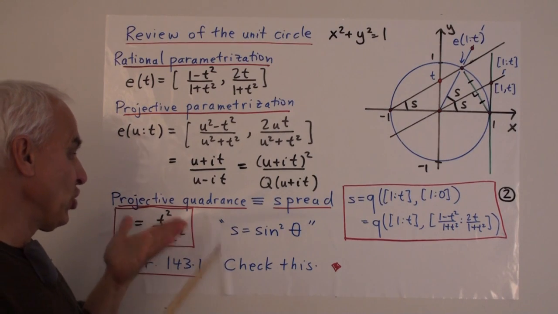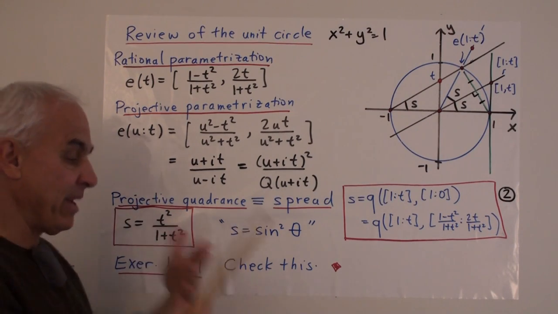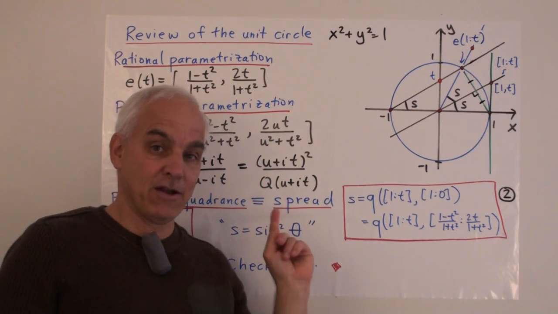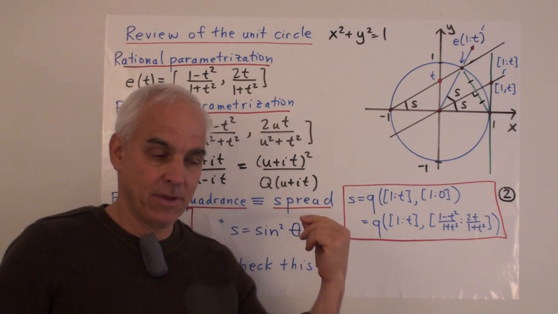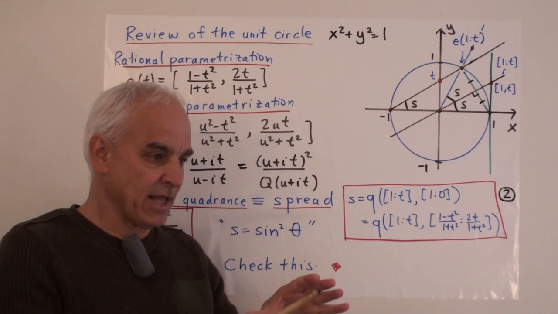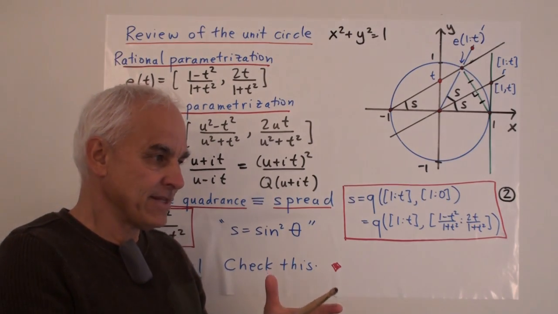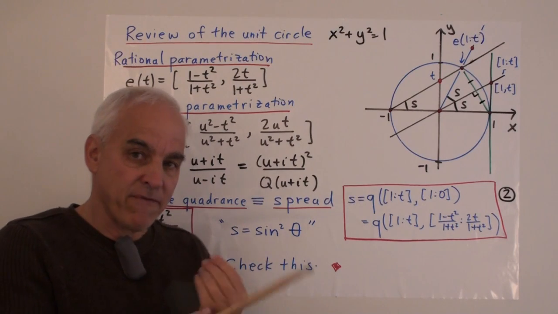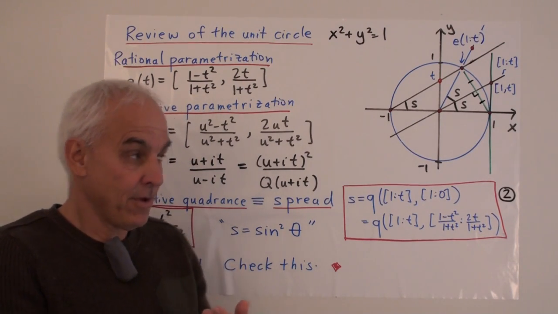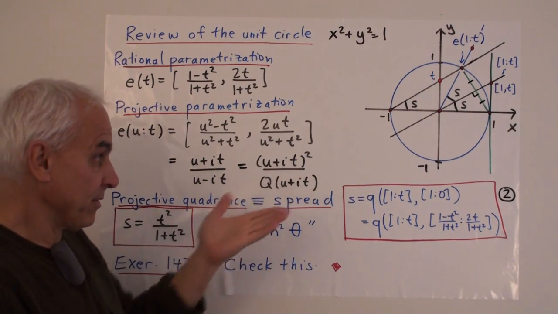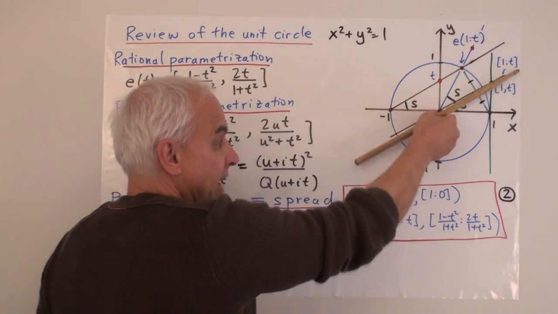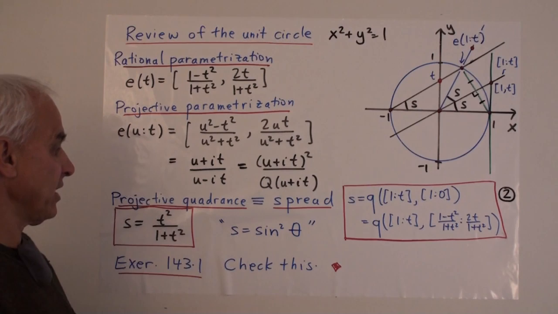But in this two-dimensional setting, when we're talking about planar geometry, I like to use the word spread instead of projective quadrance. Projective quadrance is something that's really sitting in the projective world, while spread is a purely affine quantity, although they happen to agree here. They're exactly the same. So we can define the spread between these two lines as being the projective quadrance in the usual fashion.